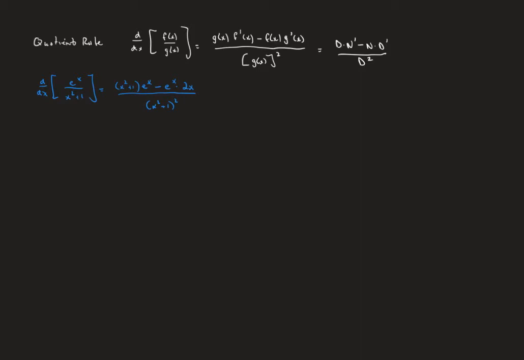Let's do f of x is going to be, let's do x plus 4 over, say, x squared minus 5x. So that means, using the quotient rule, we have the denominator times the derivative of the numerator minus the numerator times the derivative of the denominator, all over the denominator squared.